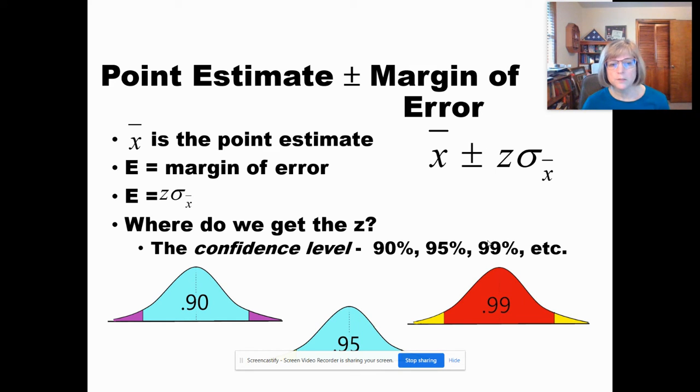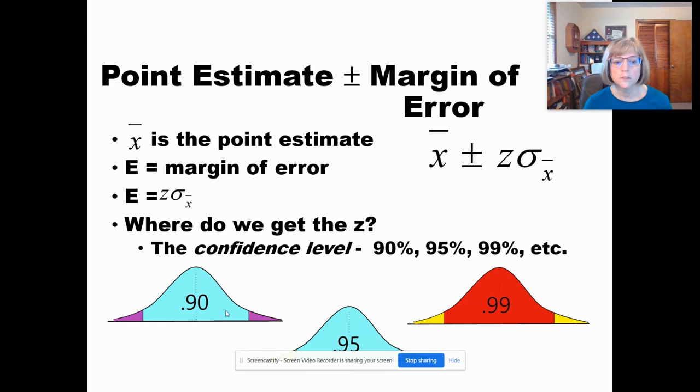Now, where do we get the z-score? Well, the z-score is tied directly to our percentage. Now, the 90%, 95%, think of that as coming out of the middle of our picture. So here we have our pictures, and you notice on a 90% interval, we have two tails. I've colored them purple. And because the entire area is 100% minus 90% leaves us with 10% that has to be split evenly in these two tails.